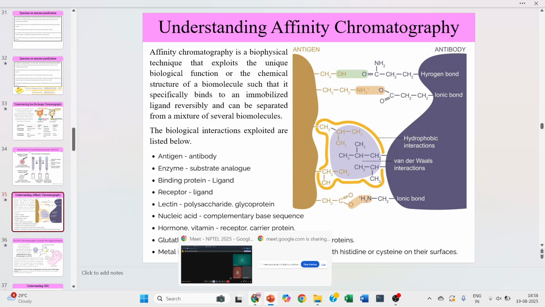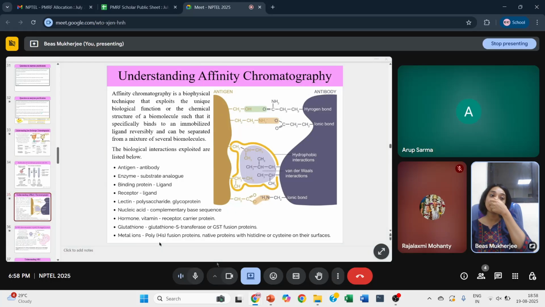Okay. Now we will go for affinity chromatography. But first, one thing that I can ask you is, let's say for a protein which is highly basic, its PI is going to be very high, right? Let's say the PI is around 11, it has a lot of basic residues, and the pH of the solution is kept at 7. What is going to be the charge of this protein? Positive or negative?